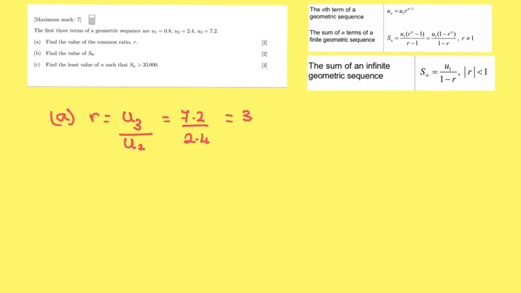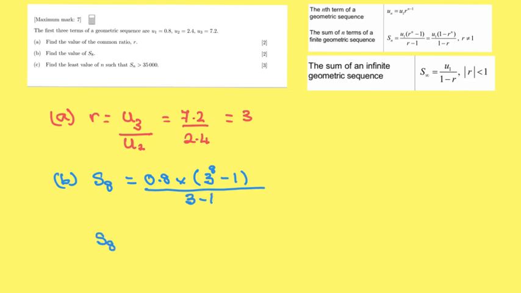So to find S8, S8 is equal to u1, which is 0.8, times r to the n, which is 3 to the 8, minus 1, divided by r minus 1, r is 3, so 3 minus 1.